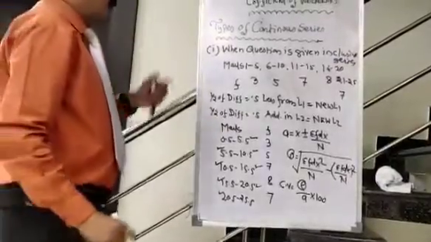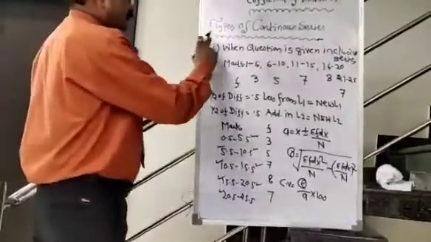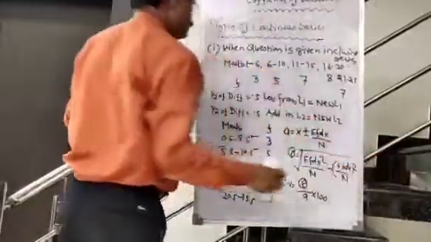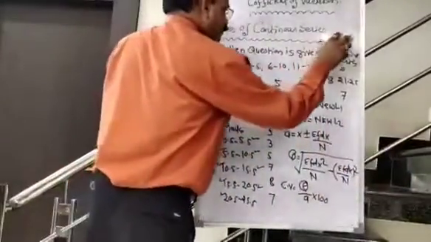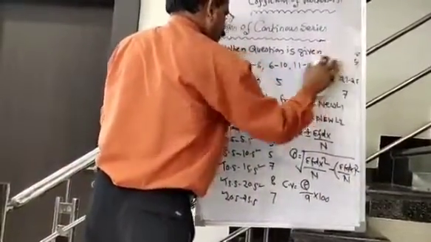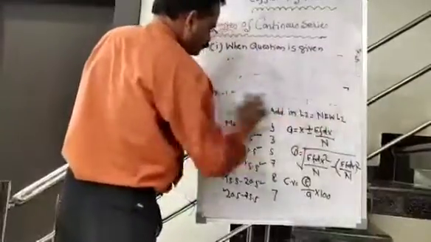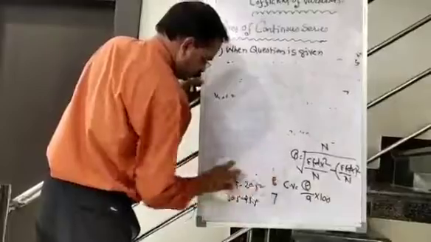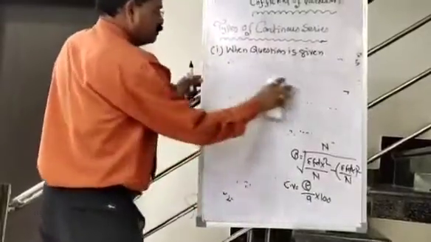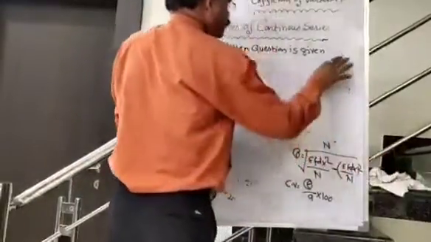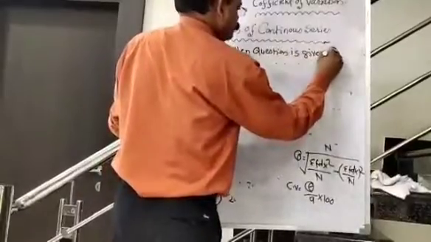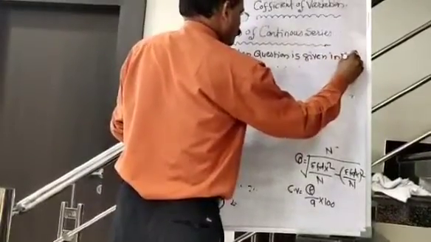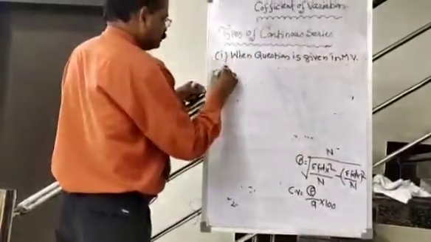After that, second method is the second type of continuous series when question is given in mid value. In the condition of mid value, given in mid value. For example, marks.